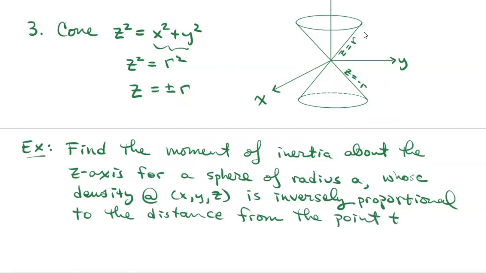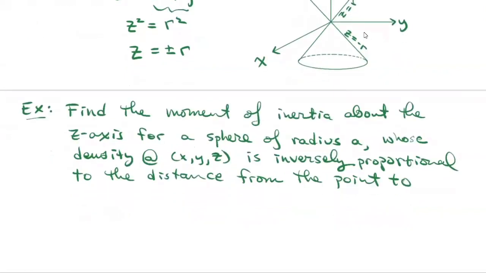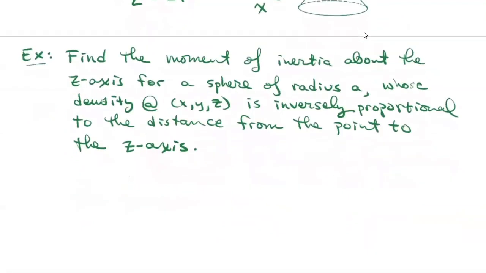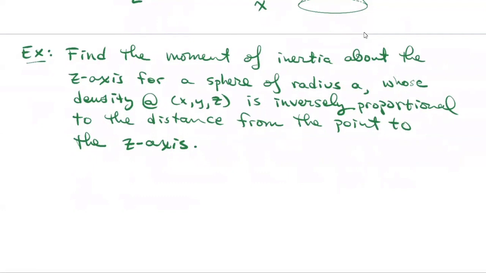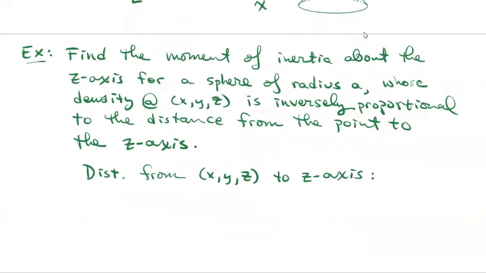So it's similar to the last example I did. Okay, so let's see. Let's just do the distance from the point x, y, z to the z-axis. And that's just r. No, the distance is just the square root of x squared plus y squared.